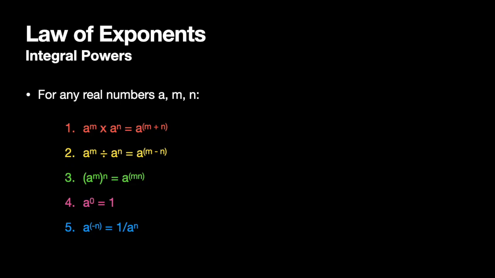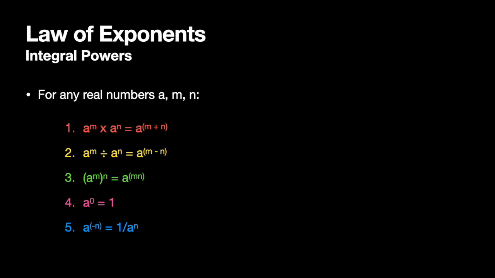So now let's revisit the law of exponents, which you have already studied in previous classes, but we now will apply them to real numbers. So there are several laws or identities. The first one is where we multiply powers with the same base.